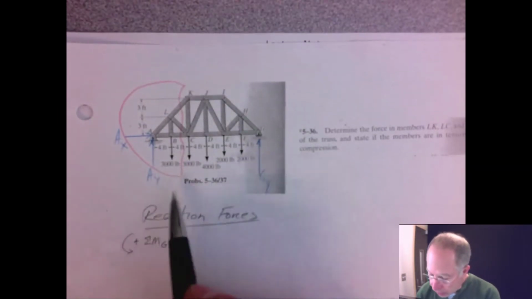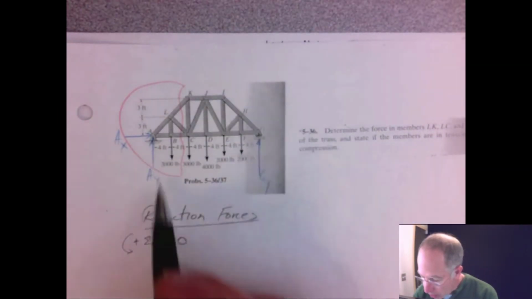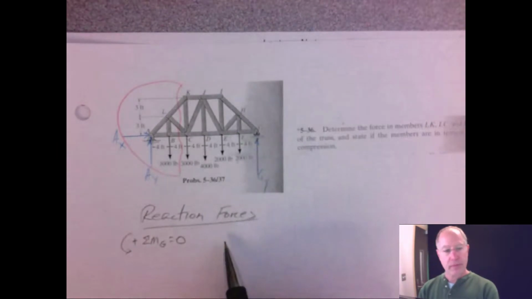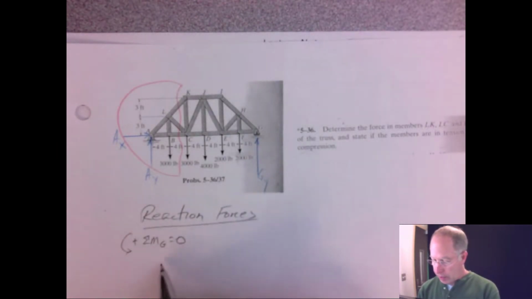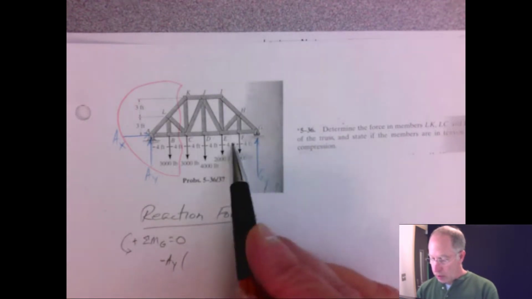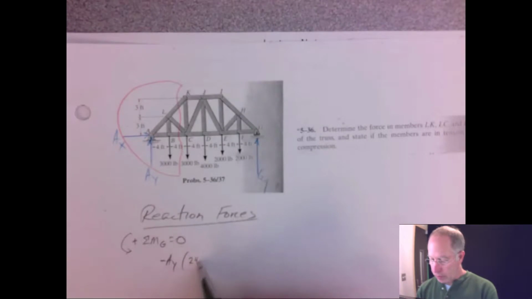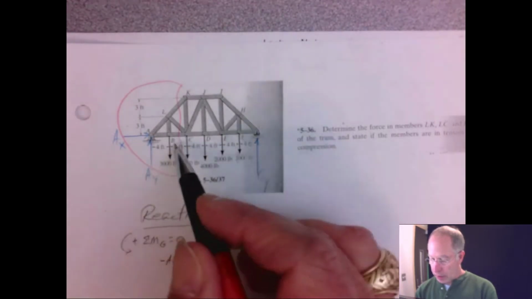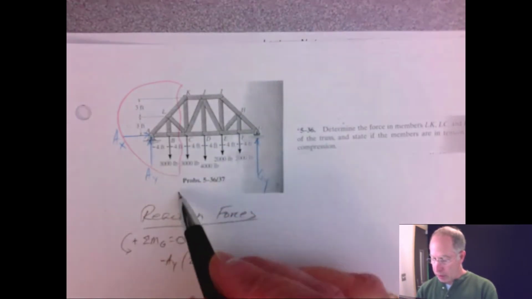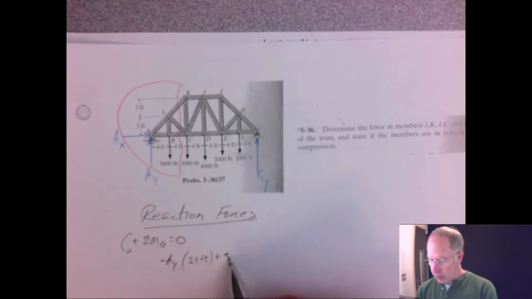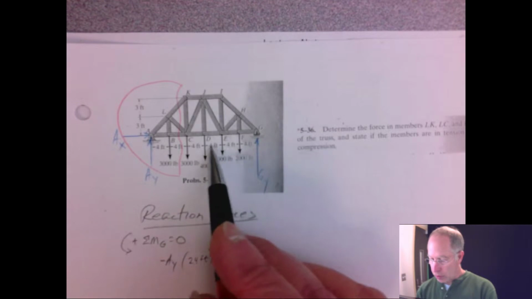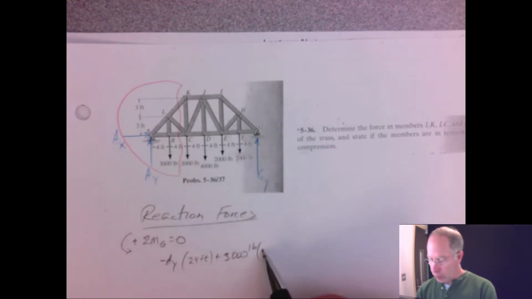We see that AY causes a negative rotation. So we have a negative AY times 1, 2, 3, 4, 5, 6 times 4 is 24 feet. And we have a 3,000 that causes a positive rotation, 3,000 pounds times 1, 2, 3, 4, 5 times 4 is 20 feet.